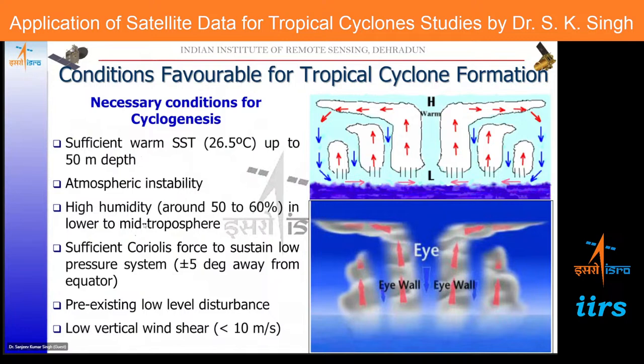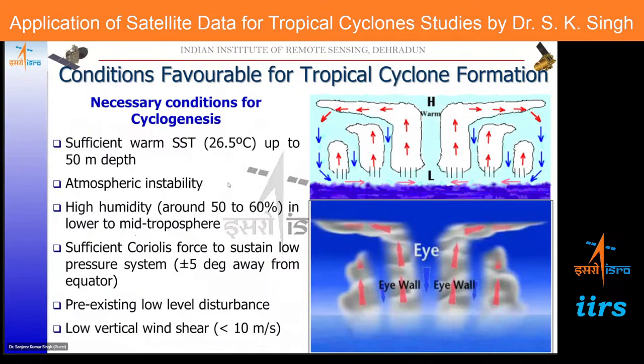The first condition is sea surface temperature. It should be greater than 26.5 degrees Celsius, and not only at the surface, it should extend up to 50-meter depth. Then only will the chances of tropical cyclone formation be higher.